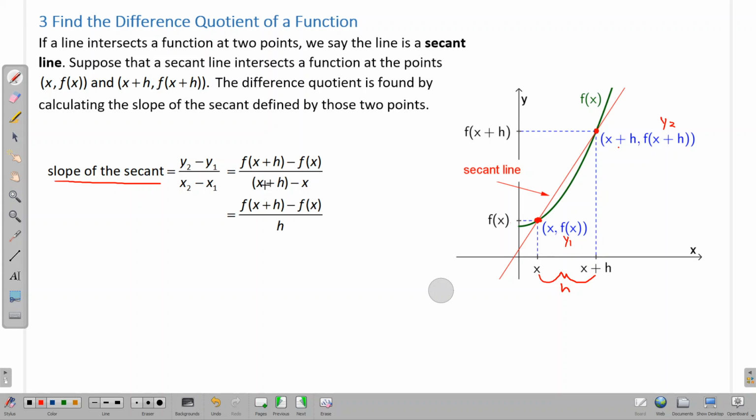You can see here that the parentheses are not needed on this, and then the x's just cancel, leaving us with this expression here. So the slope of a secant line for a given function is given by that expression, and that is also called the difference quotient. So those are the same concept. Difference quotient, slope of the secant, all the same thing.